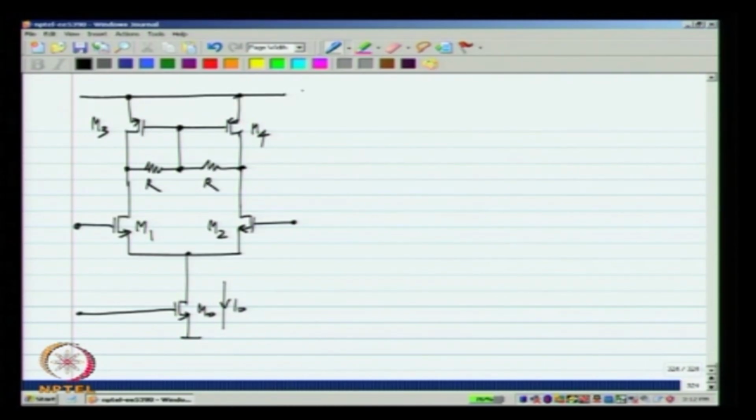Okay. This is my fully differential op amp, or the simplest realization of the fully differential op amp, and the differential half circuit is given by only one half of it, by grounding all the nodes along the line of symmetry.